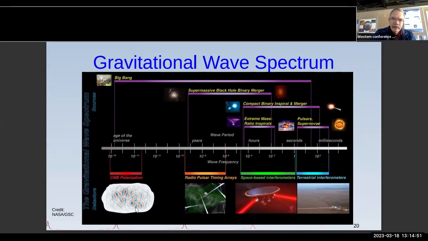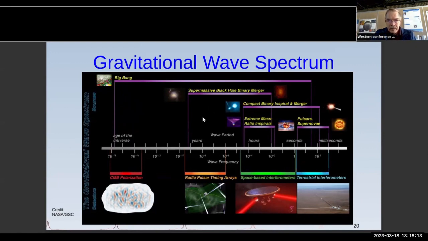Over here on the left is the CMB polarization studies that we heard about last year from Dr. Darcy Barron. She talked about the work they're doing to detect polarized fields in the cosmic microwave background, which would be the indicators of the Big Bang and of the gravitational waves left over from that.